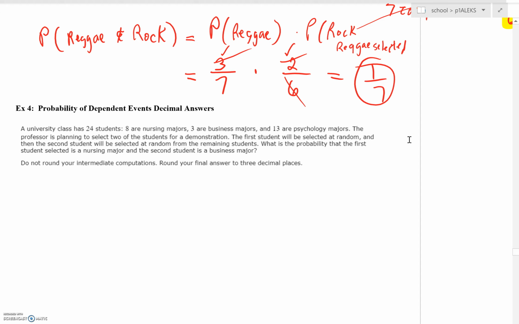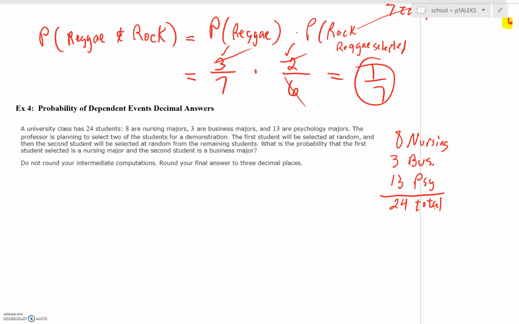A university class is 24 students. 8 are nursing students, 3 business majors, and 13 psychology majors. So again, they're telling us we've got 24 total. The professor is planning to select 2 students for a demonstration.